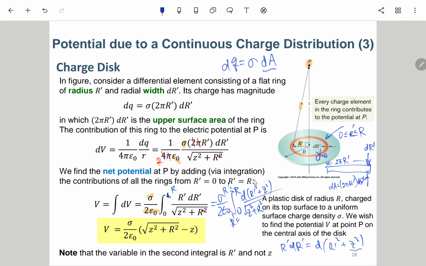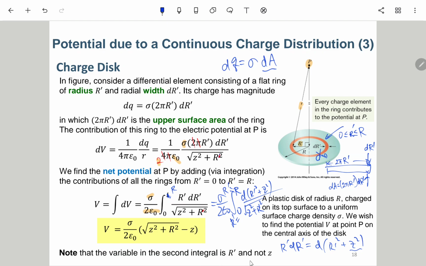Even after this substitution, R prime and z are all in here, but actually z doesn't change at all throughout the integration process. If you just look at the graph, with the range being different, z doesn't change at all because the point P is fixed here. So the only changing variable is the R prime in the integration.